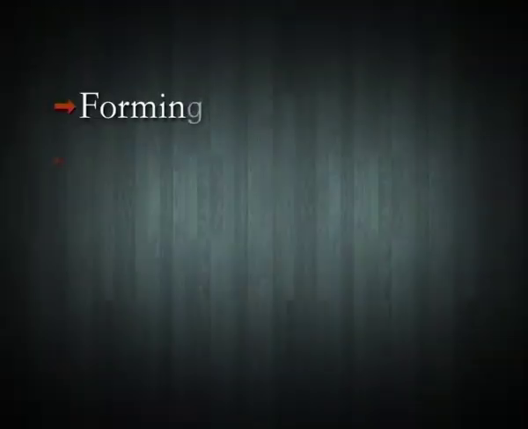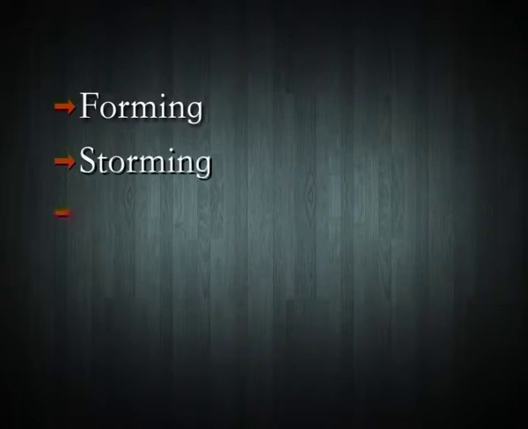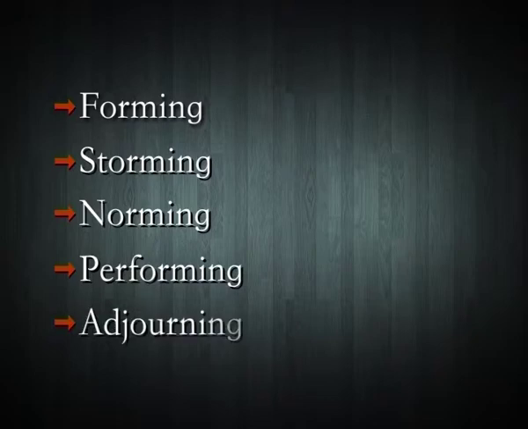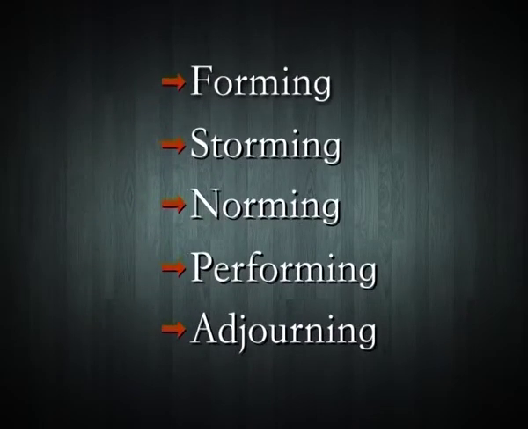Citing the case of work groups, from their inception to adjournment, they undergo important changes. Bruce Tuckman has divided the development of a group into five stages. They are forming, storming, norming, performing and adjourning. Let us learn more about them in detail.